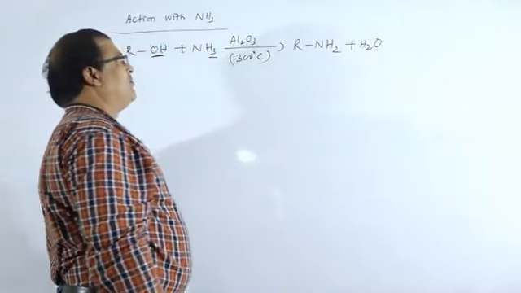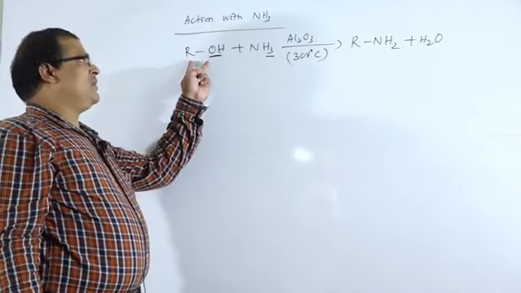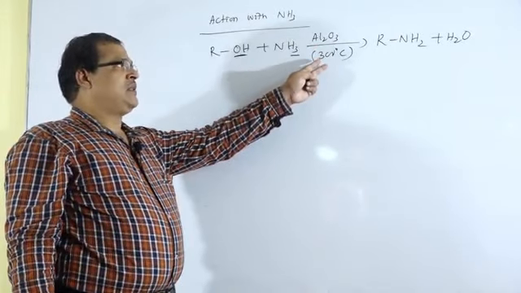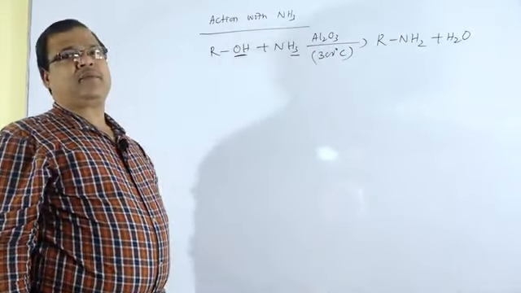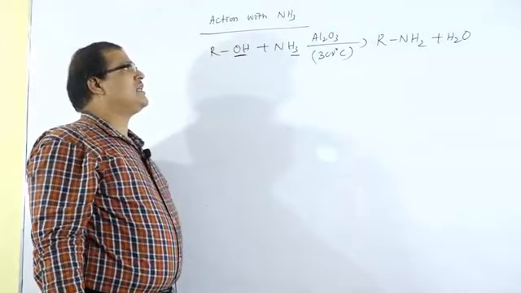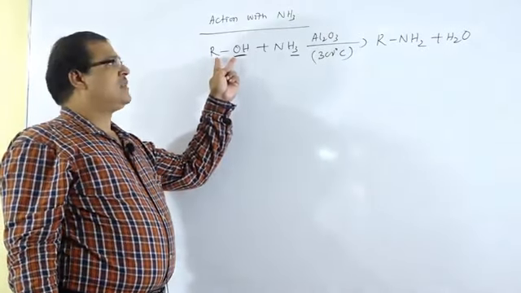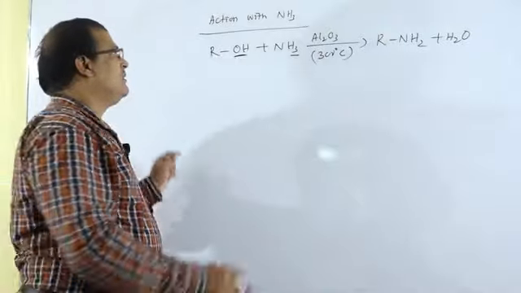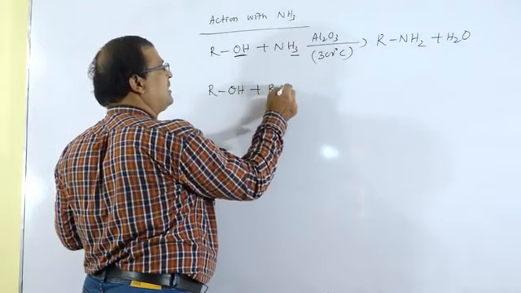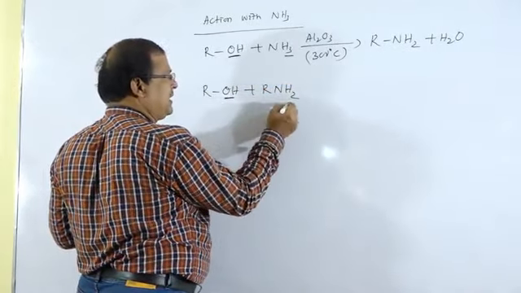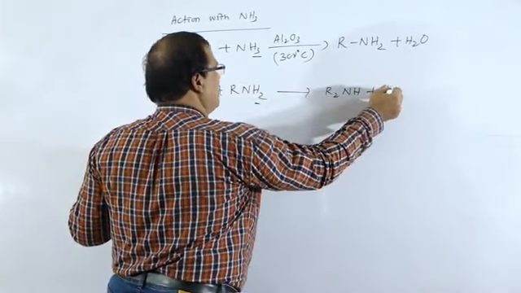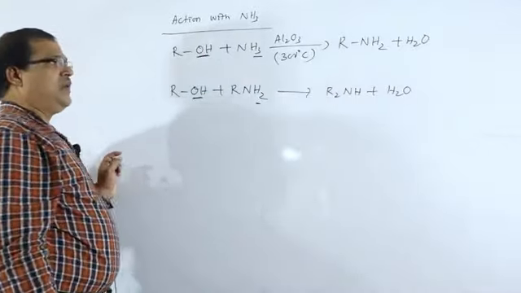Primary amines are formed. So whenever alcohols are treated with ammonia in the presence of Al2O3 at about 300 degrees centigrade, there is the formation of primary amine. And if you take a higher concentration of alcohol, then ROH plus RNH2, the OH part and H part again combine to form R2NH plus water.